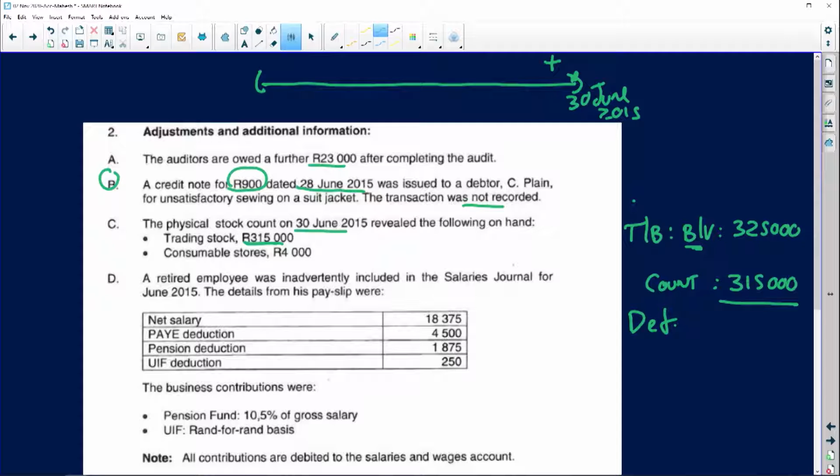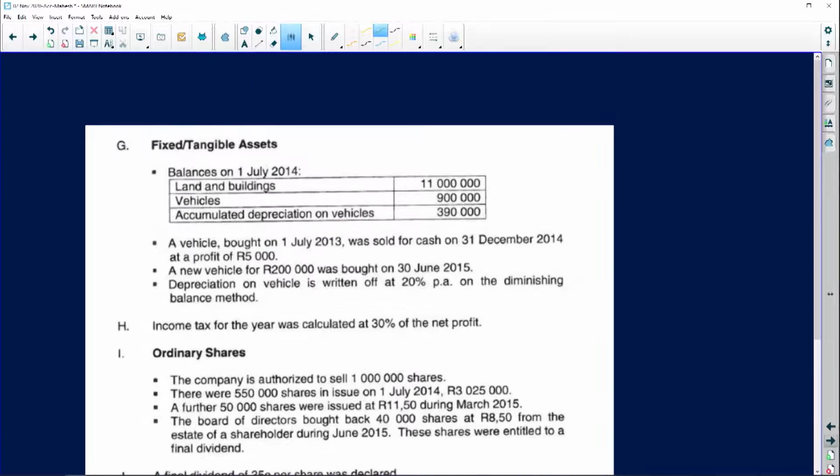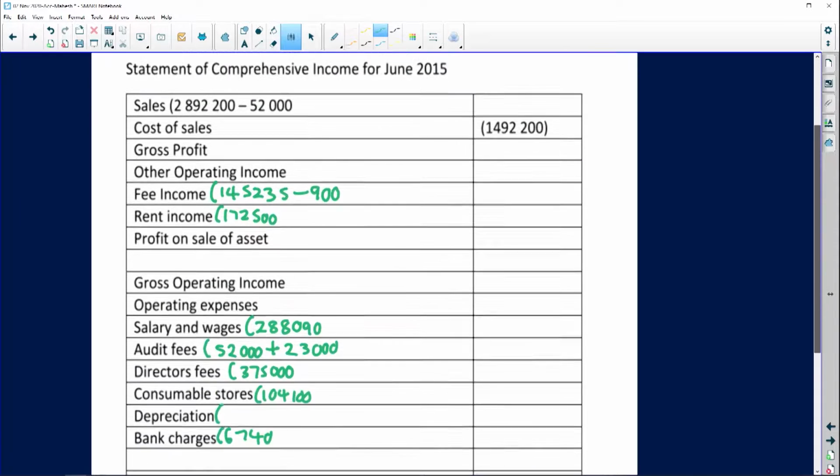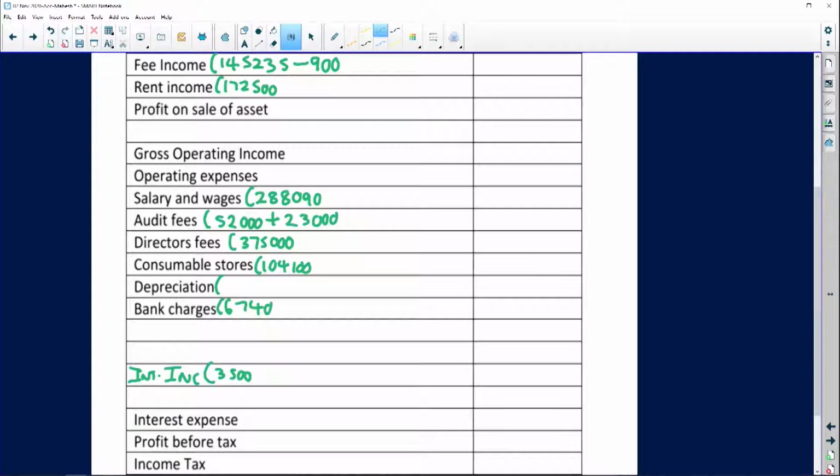Okay, stock missing of, it should be 10,000. So let's just quickly check. 325 minus 315 should be 10,000 Rand worth of stock is missing. Right, two accounts affected, obviously trading stock as well as trading stock deficit. So let's go to the income statement and let's record our trading stock deficit under operating expenses. Okay, so we've got trading stock deficit.